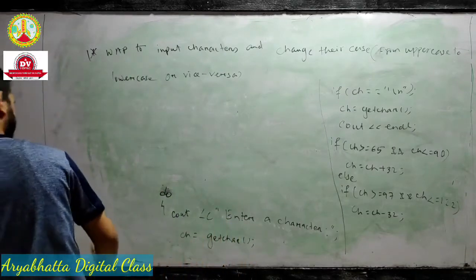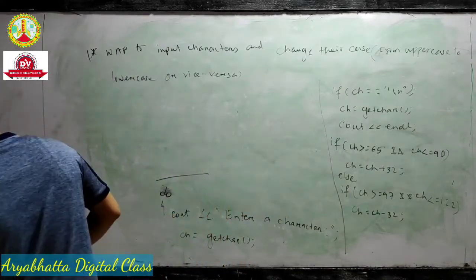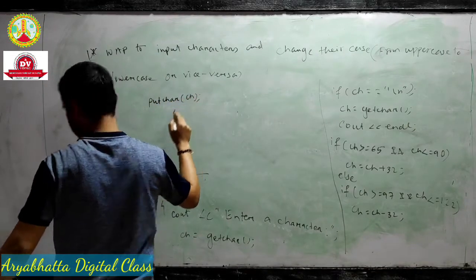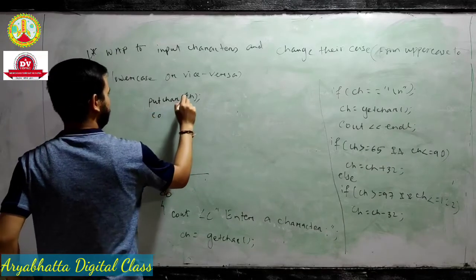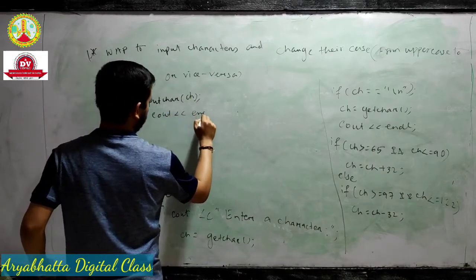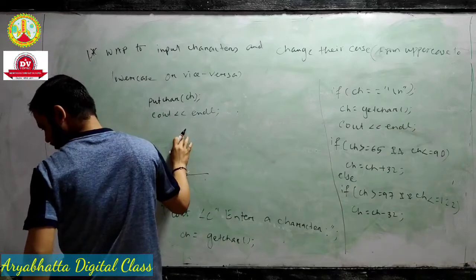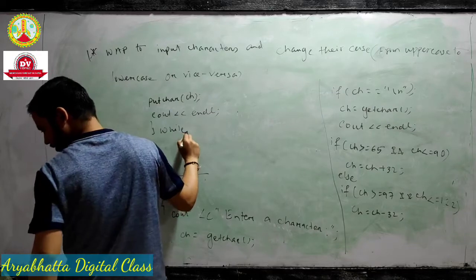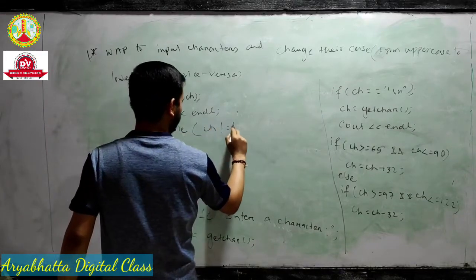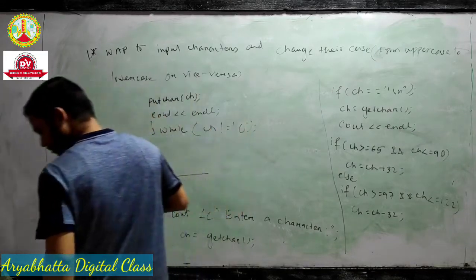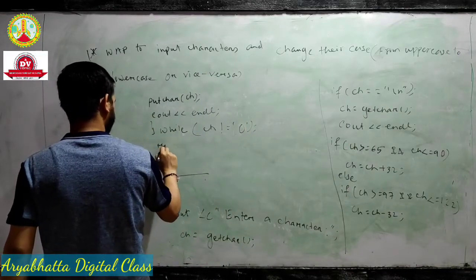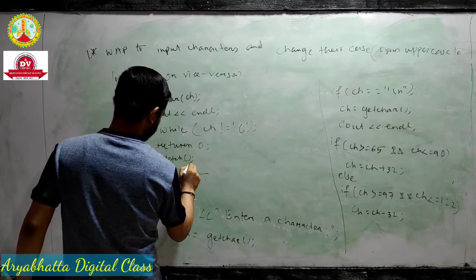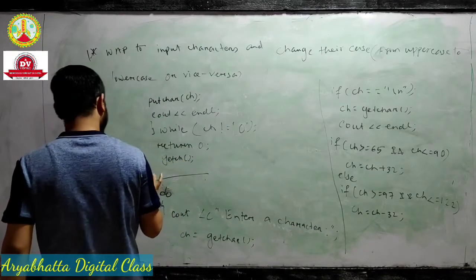Here we write the remaining part. While character is not equal to 0. Getch. Okay.